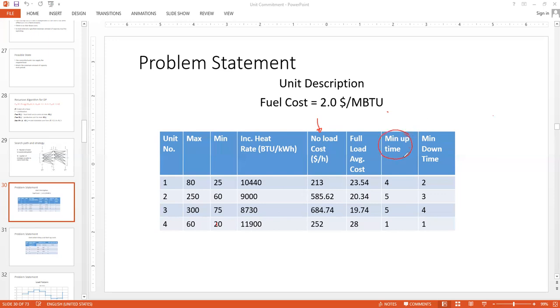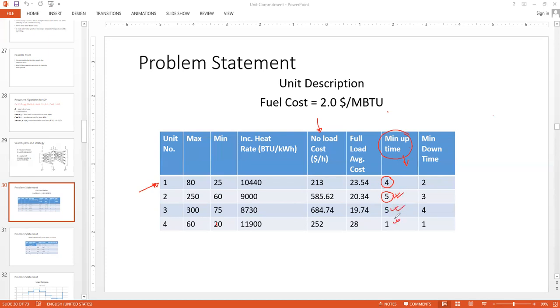Once it is started, let's say you decide to start unit number 1, then you should allow at least 4 hours for it before you decide to turn it off again. Similarly for unit number 2, once you start it, you should allow a minimum of 5 hours before you turn it off again.